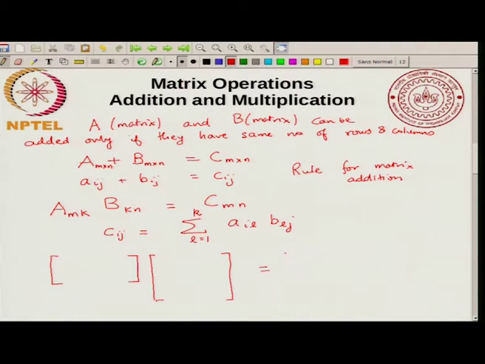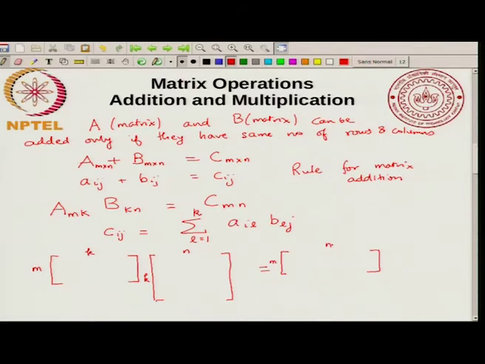You will get a matrix that has this many rows and this many columns. So if this is m and this is k and this is n, then this is m and this is n, an m by n matrix.